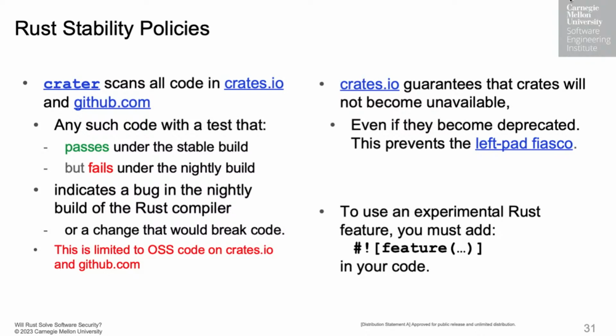And they use this to test new features of the compiler. And what they decide is, if with the new compiler a test fails, but the test worked on the old version of the compiler, the stable version, then they figure that they've either found a major compiler bug that they can fix, or they may realize that there's some broken code out there, Rust code on GitHub or crates.io.